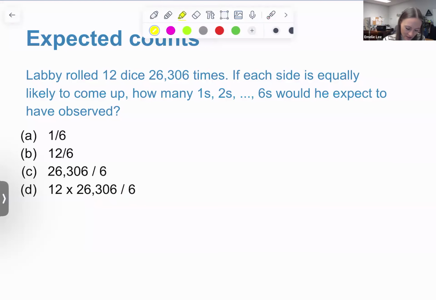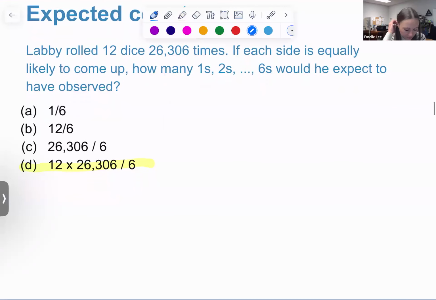I'm going to skip to the answer here. Well, then we're dividing by 6. This is evenly distributed across the die faces.